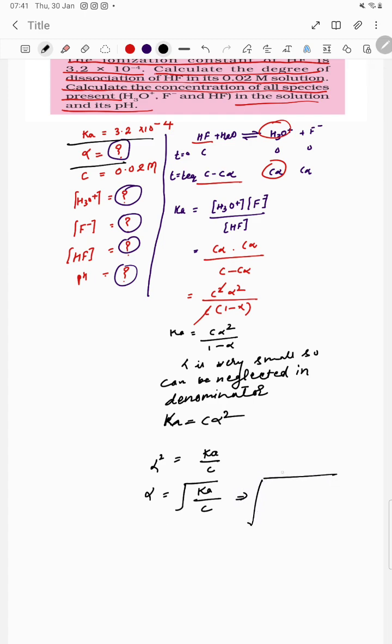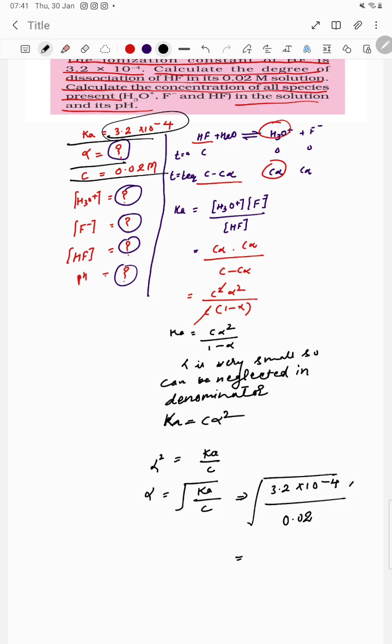Now you see the Ka value. Here they have given 3.2 into 10 power minus 4, and the C value they have given in the question is 0.02. You can remove the decimal. How can you remove the decimal?